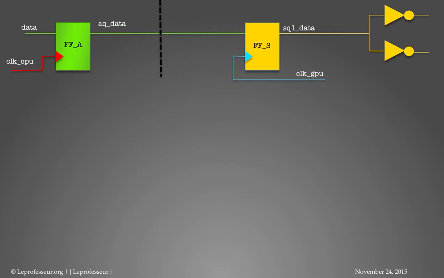But as our signals are crossing the clock domains, we need to be very careful to properly tackle the issue. So let's see what's going to happen if we don't take care and we just pass from flop to flop. This will act as a synchronizing flop in the receiving clock domain, but it's just one flop.